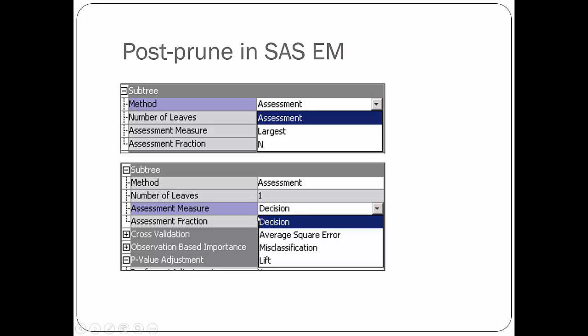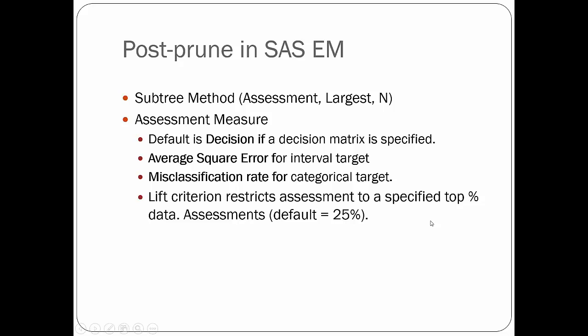Decision is when you set cost, profit and cost values when you set the metadata for the data, or average squared error, or misclassification rate, or lift, or the three other possibilities. In post-prune in SAS, okay, you use the subtree method. Of these three assessment measures, we already looked at that.